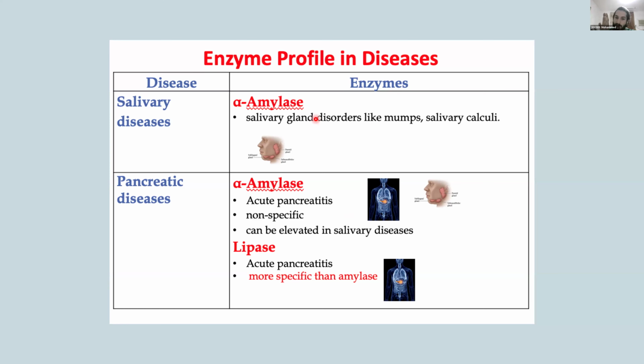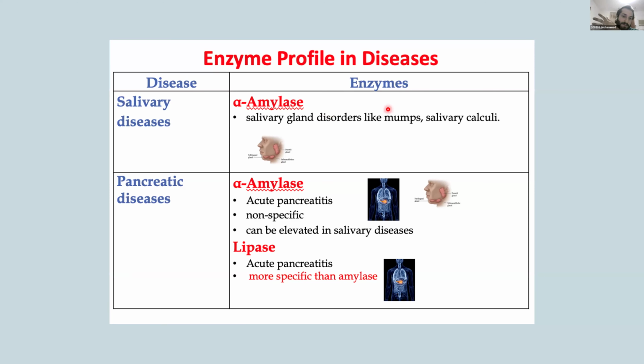Increased level, there's a problem in the salivary gland. What's the problem? We're not sure. Other diagnostic measures, you check viral levels, you can do imaging for the gland to see if there is a stone, but increased level of this enzyme means there is a problem in this organ. Whatever the problem was, it really can't tell you the exact problem, but it tells you there's a problem in this tissue.